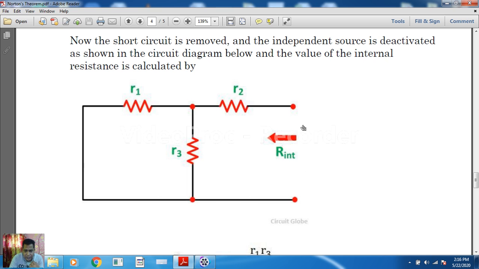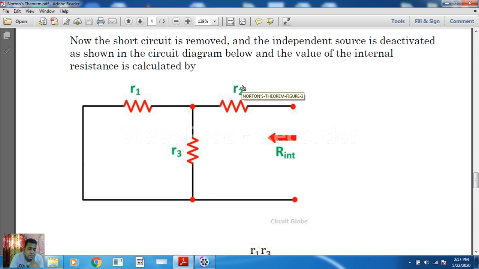Viewing means just visualize; we do not have to go there. If current is flowing through that terminal, then how will it flow? See, current is coming to this one, it is dividing. So we can say that these two are in parallel, and with that R2 is in series.